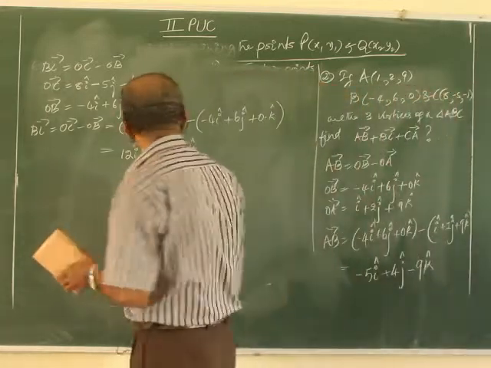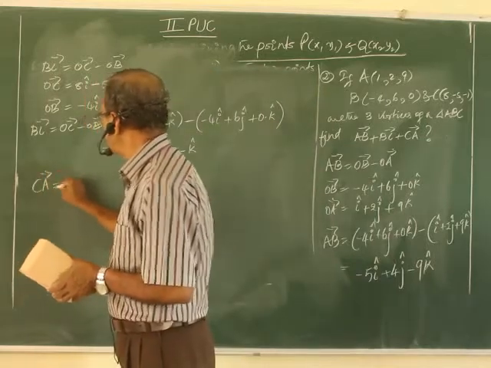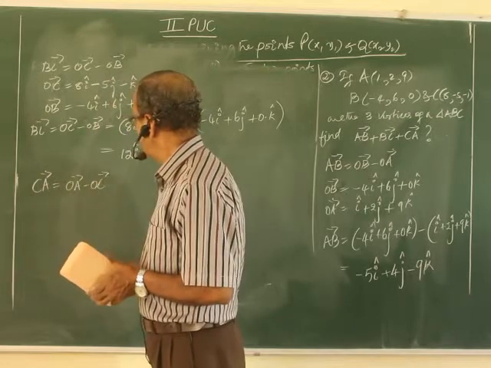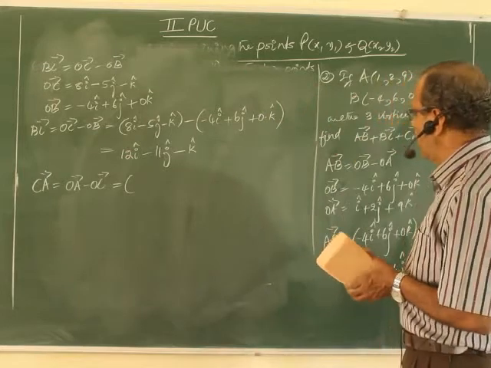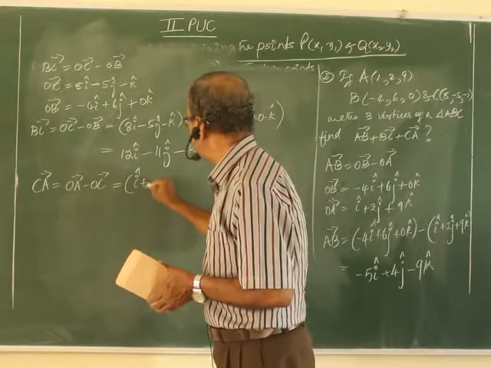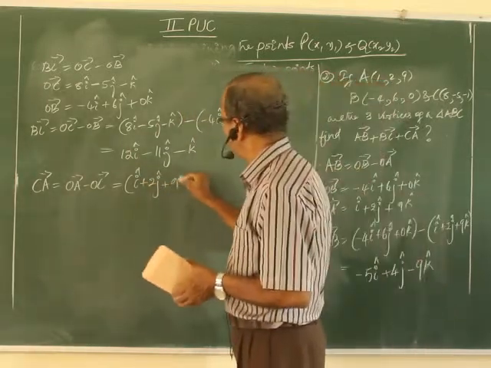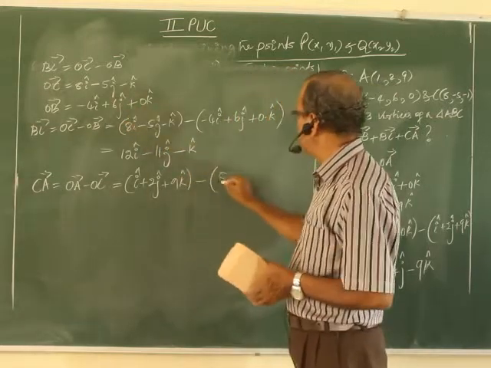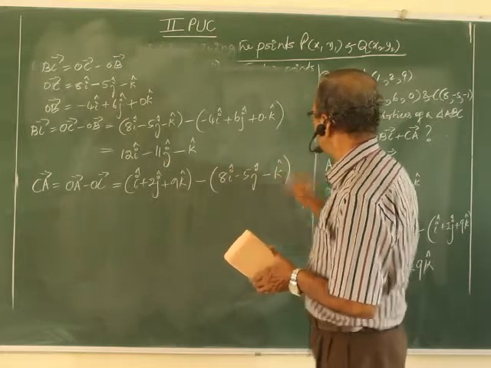Finally, the last one, CA. Vector CA is OA minus OC. Both are given, so let me write it straight away. OA is i plus 2j plus 9k, minus OC, which is 8i minus 5j minus k.